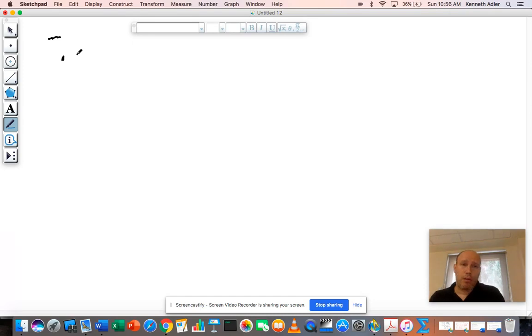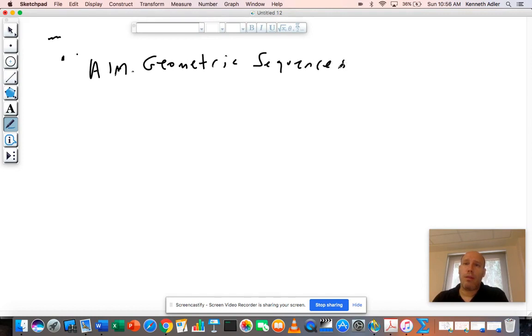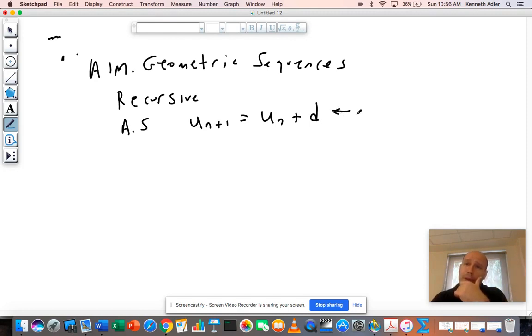So let's look at today's lesson. The aim is going to be geometric sequences, and the idea is, let's look at the recursive. With an arithmetic sequence, we said, to get to the next term, we added or subtracted the common difference.